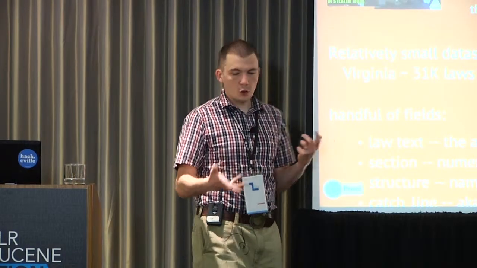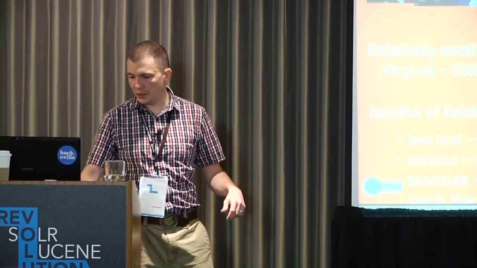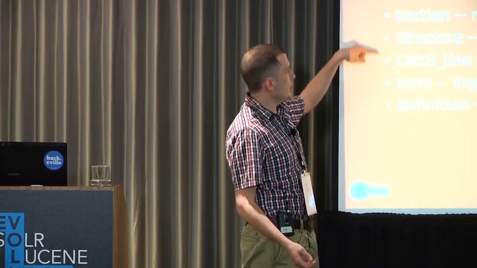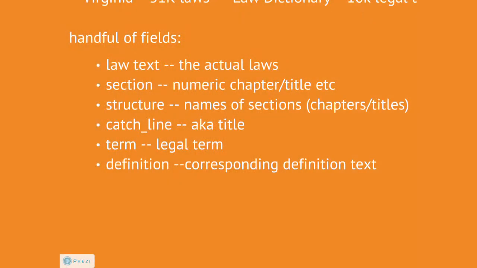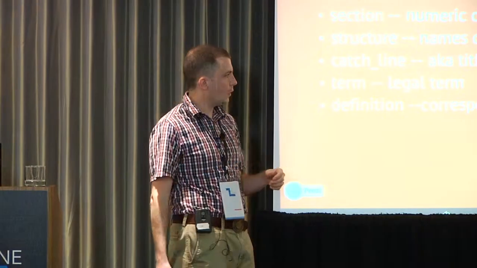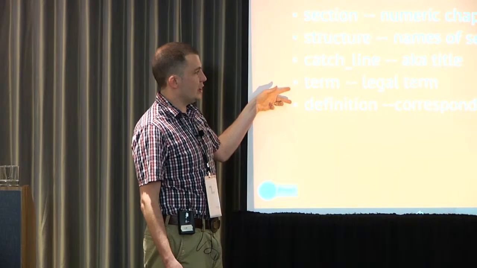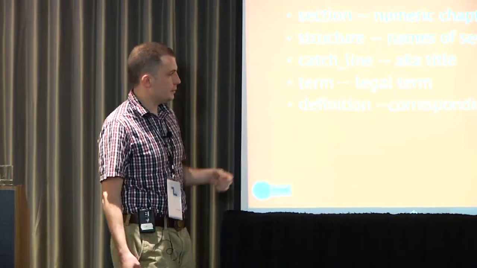And that's the corpus we're working with, with pretty straightforward fields. These four are from the laws themselves: the text, the section, which is the number, the structure, which is just names of sections to give you some context, and a catch line, aka title. I'm not sure where the term catch line comes from, but it's basically the title of the law. And then for dictionaries, we have legal terms and legal definitions.